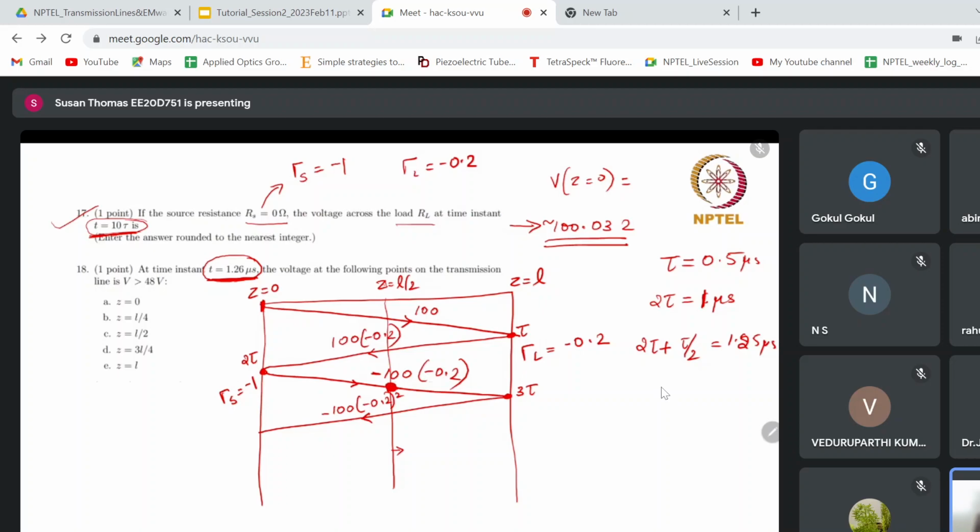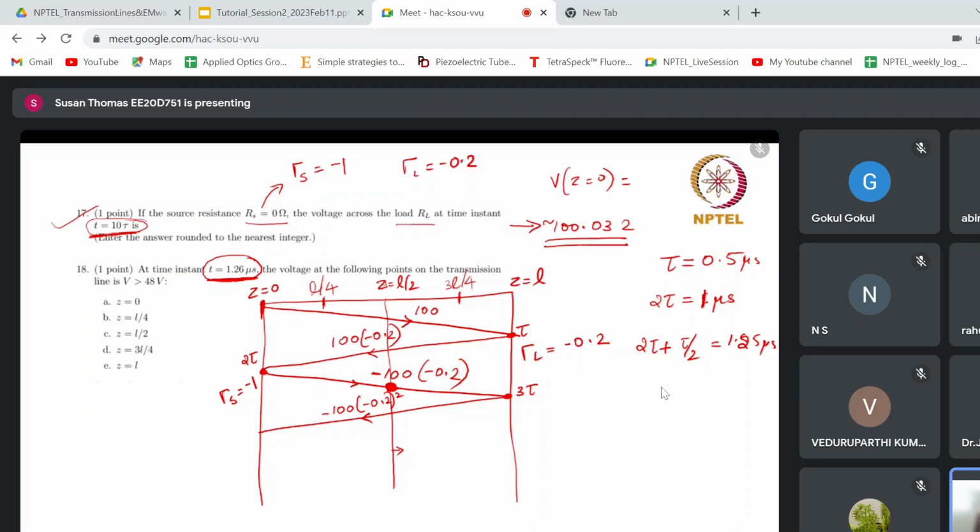The question is, at z equal to 0, at z equal to L by 4, at z equal to L by 2 and 3L by 4, at each location on the transmission line, can you tell what will be the voltage? If you know the voltage, you will be able to answer the question.